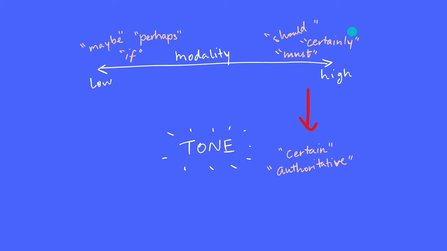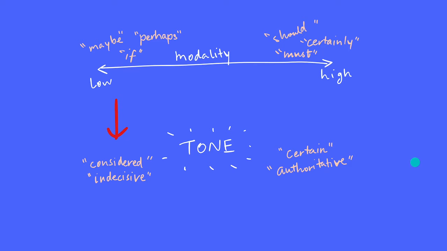High modality language constructs certain tones, like a certain tone or an authoritative tone. And on the opposite end of the spectrum, low certainty makes someone sound considered and indecisive. So we would say the low modality builds a considered tone or an indecisive tone. And these are just a couple of examples. There are a lot more tones that you could use to describe the particular way someone is speaking.